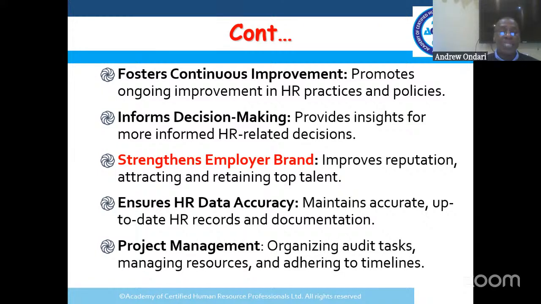And then second last, before we close, is project management. Today, organizations emphasize a project management approach to various aspects of the organization. For example, recruitment and selection can be approached as a project.